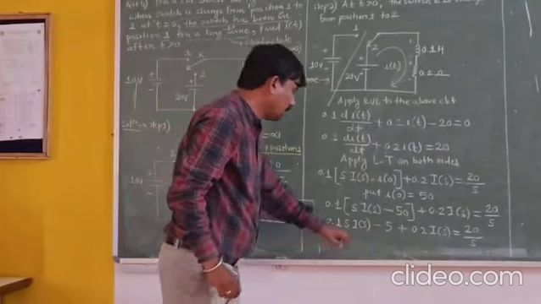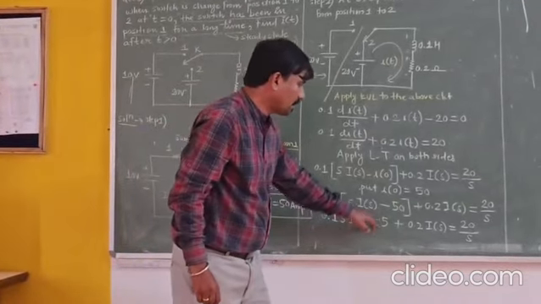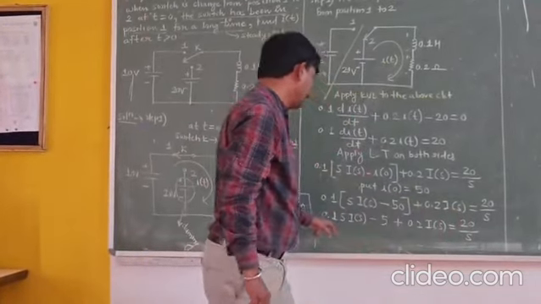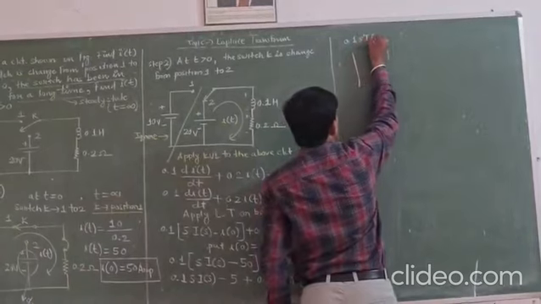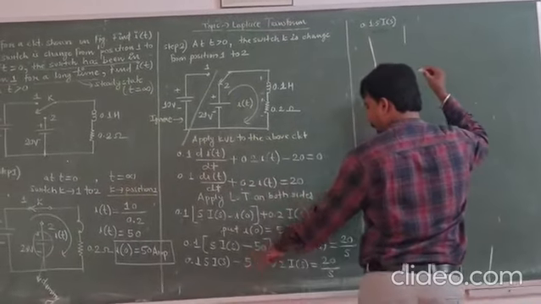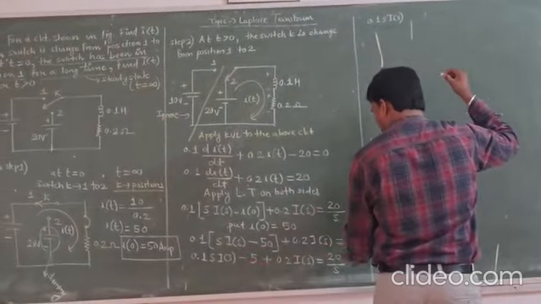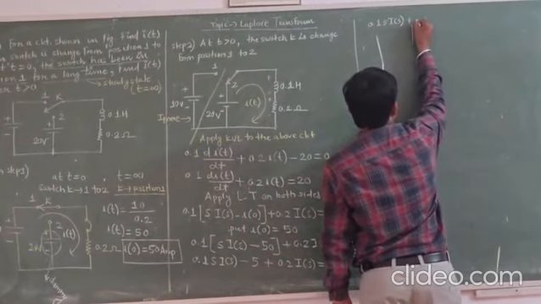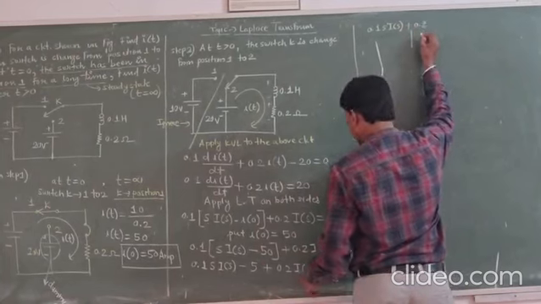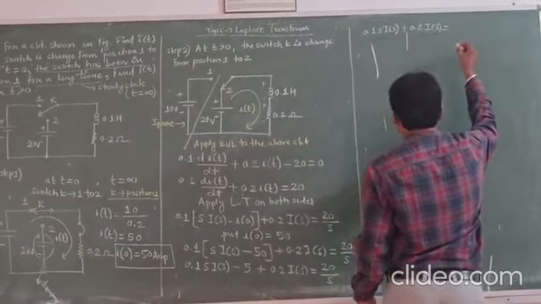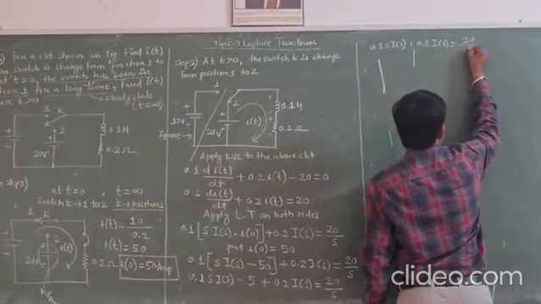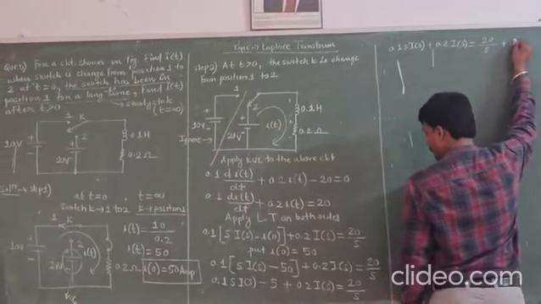Now whatever the constant terms are there, that should be shifted after the equal to sign. So it is 0.1 s I of s plus 0.2 I of s equals to 20 by s plus 5.